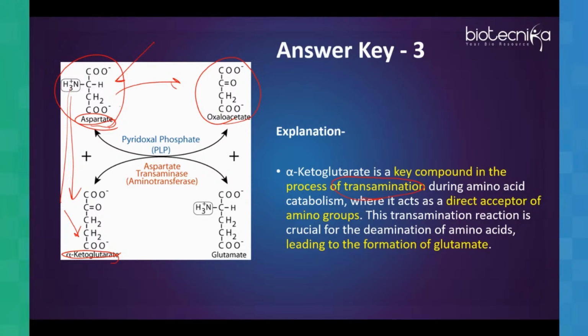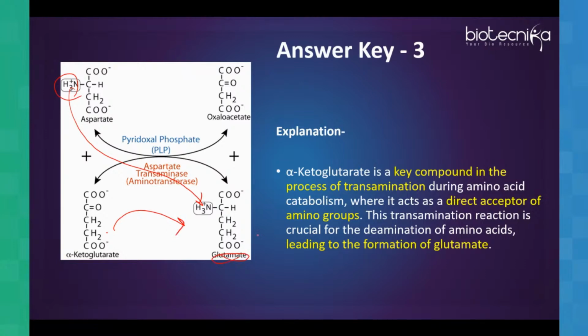Aspartate, after giving off the amino group to alpha ketoglutarate, has converted into a keto acid, which is fine because we want to get a keto acid so that we can get energy out of it. So this is a very important reaction, and the enzyme for this is aspartate aminotransferase. The cofactor for this enzyme, generally in transamination reactions, is PLP, pyridoxal phosphate, a coenzyme for it.